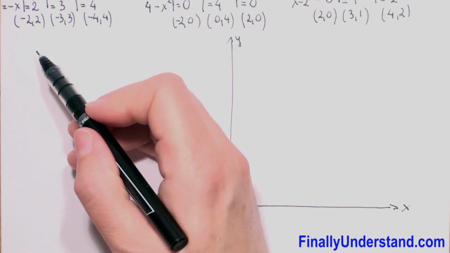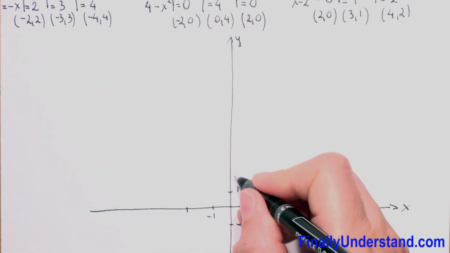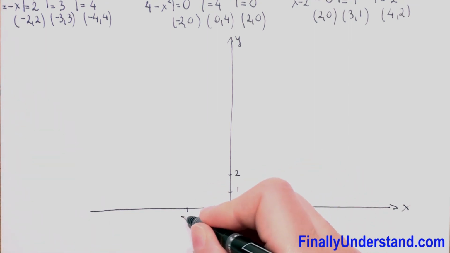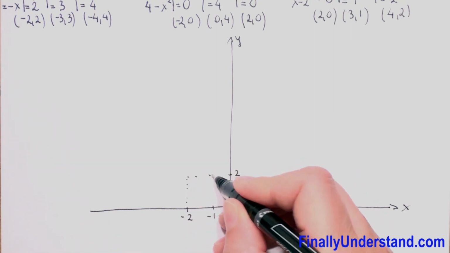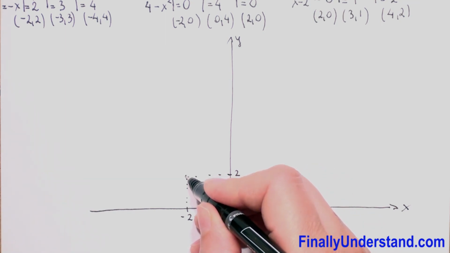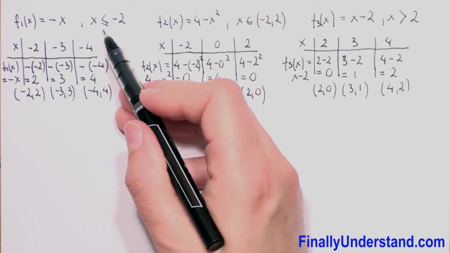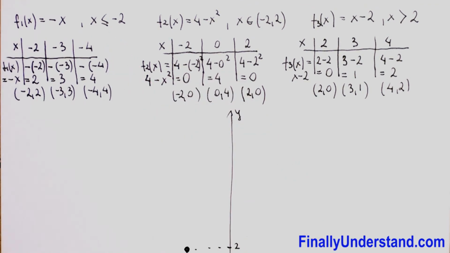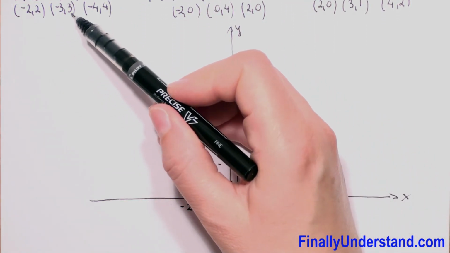The first point is -2, 2, so x is -2 and the value is 2. It will be here, and -2 belongs to our function because x is less than or equal to -2. Next, we have -3, 3.